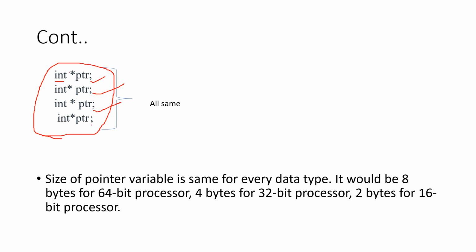If you don't want to give the space, that's also fine. All these declarations are the same. So there are four ways you can declare the pointer, all four methods are correct, so select any one and follow that one.